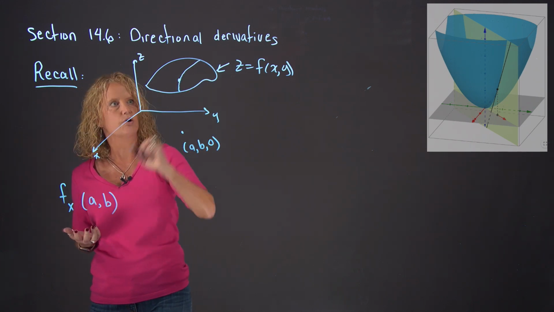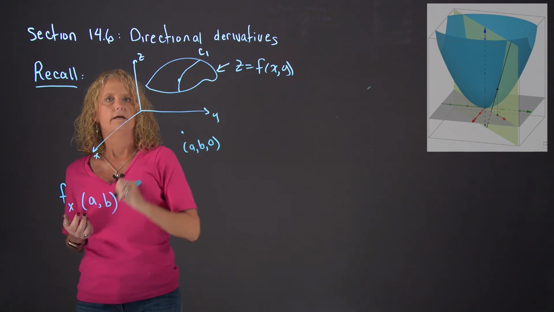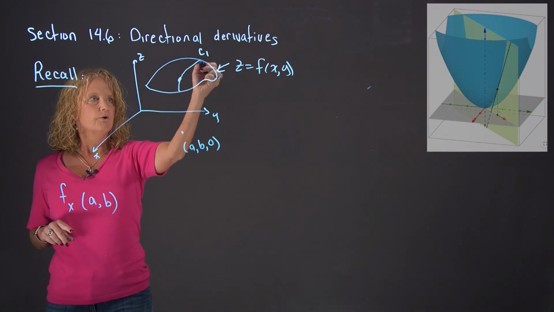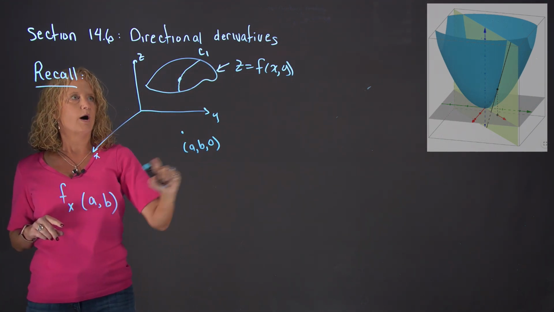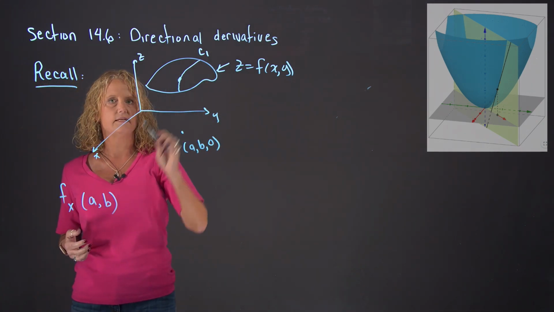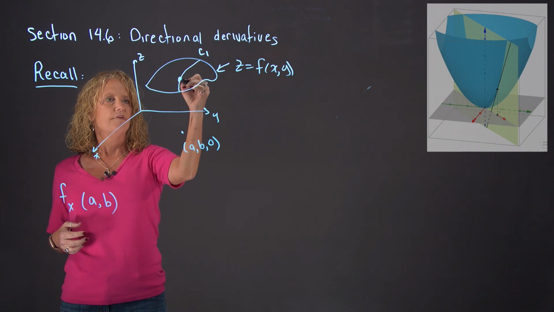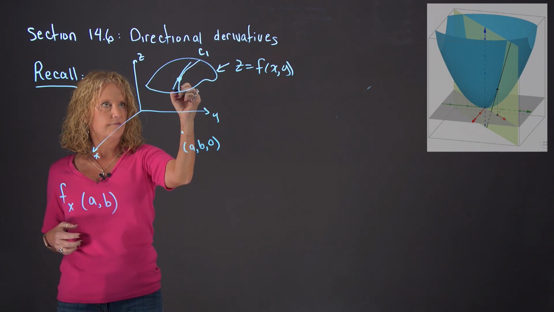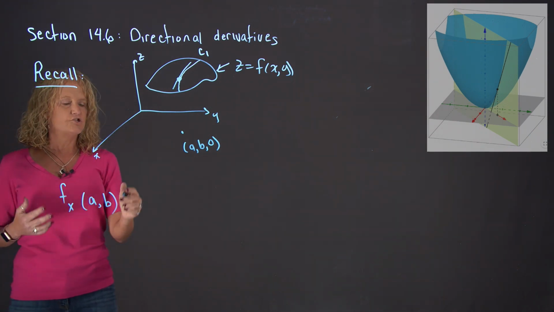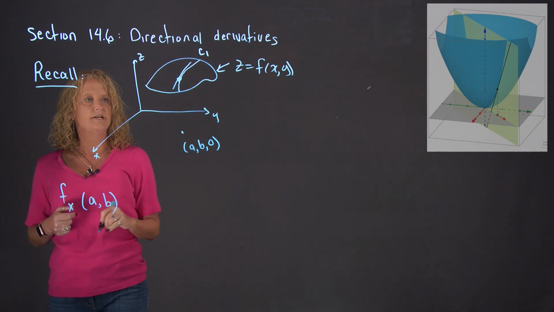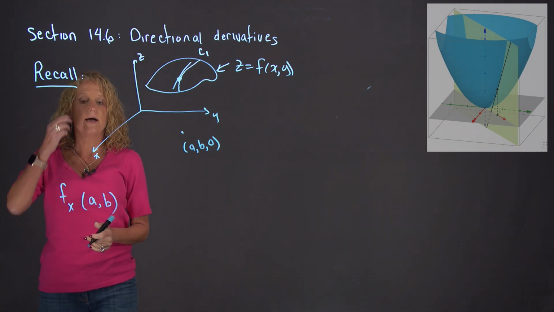Let's say that curve right there is C1. What's true about every single point on that curve is that its y coordinate is b. So the only thing that's changing is x and z. If I considered the tangent line to the curve, that geometric interpretation was the rate of change of the surface in the direction of x.